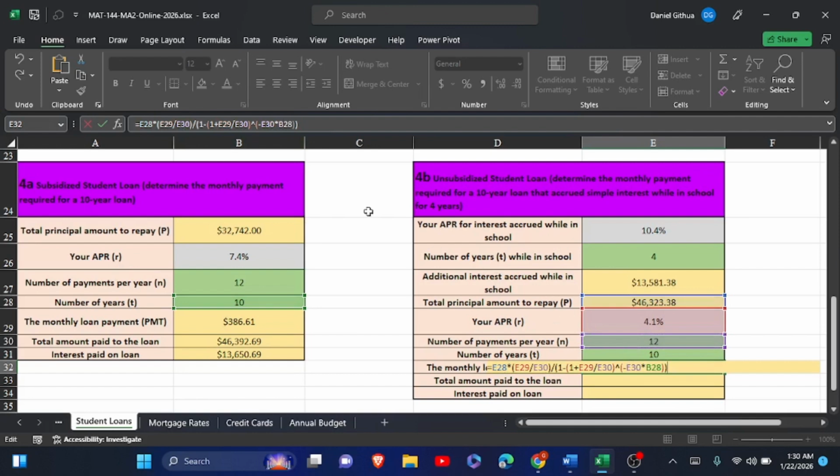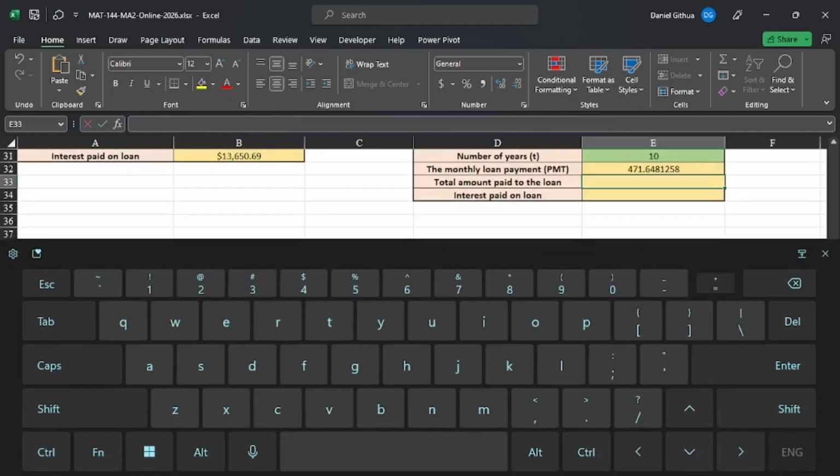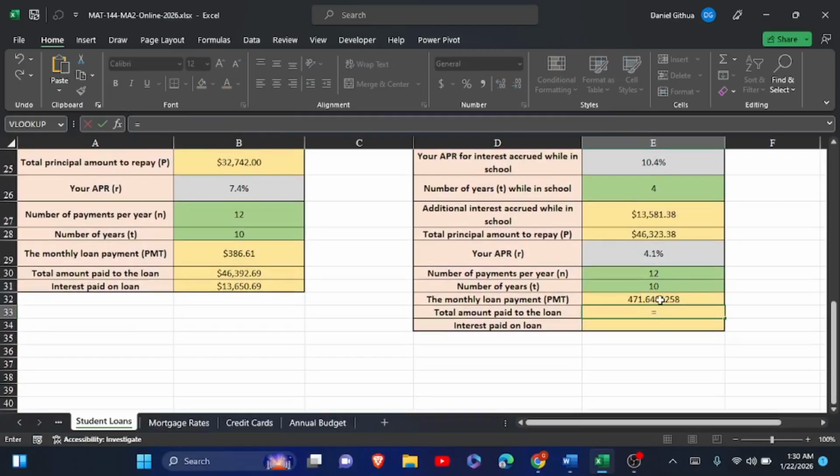Okay, and that is the value that we pay. Then the total amount to be paid is equal to the PMT times the B20 by 10 and by the number of years. Yes, that is the amount that will be paid.